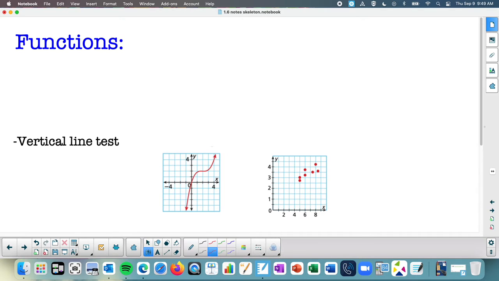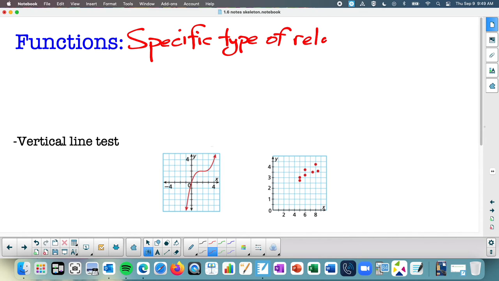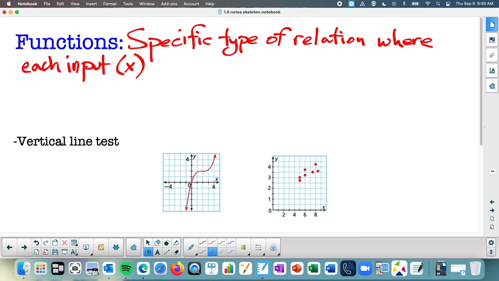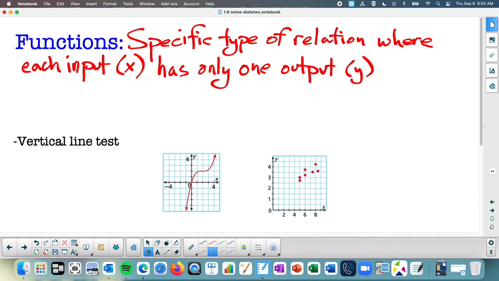A function is a specific type of relation where each input, or x, so each x has only one output, or y, associated with it.